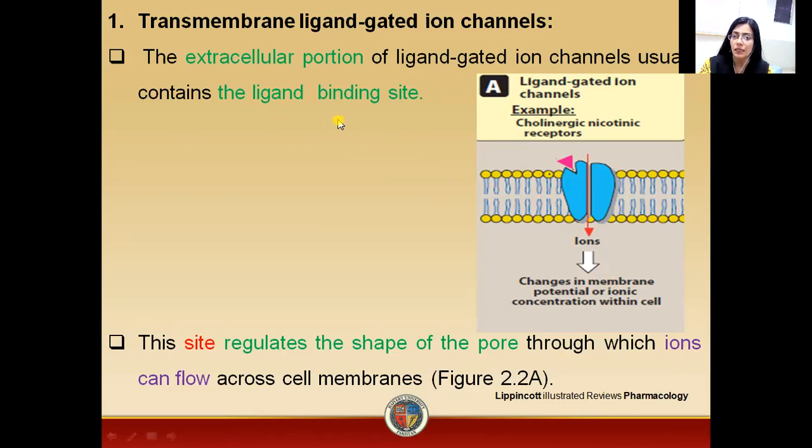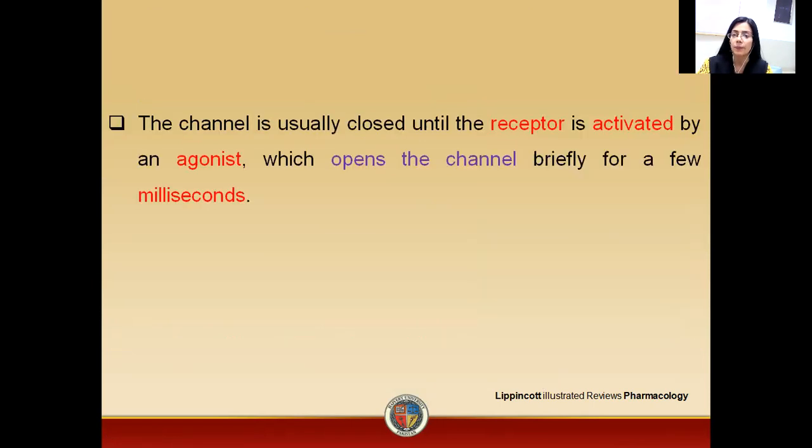This ligand binding site actually regulates the shape of the pore. This receptor basically has a channel or pore which is responsible for the transfer of the ions. So, when these receptors are activated, when a ligand makes a complex with the receptor, there is opening of the channel which is present inside this receptor.